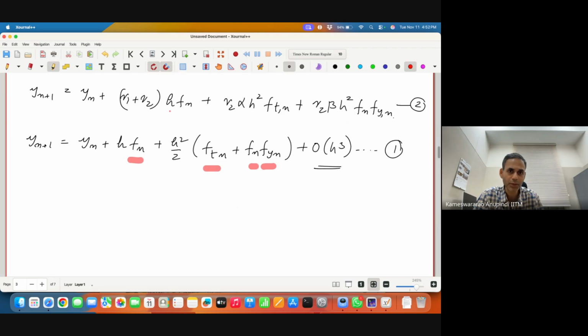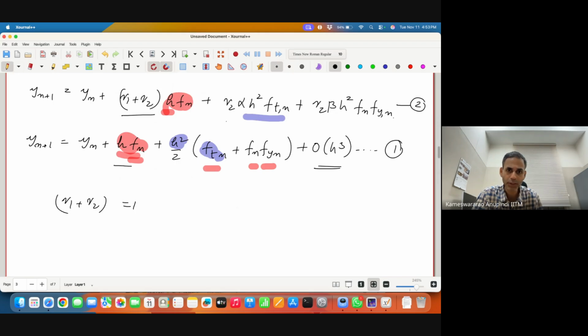So we have the order h term, order h f_n. So this and this, I can compare the coefficients. The coefficient here is gamma 1 plus gamma 2 equals 1. So the first equation is gamma 1 plus gamma 2 equals 1. Then the second term is h square f_t n. So we have h square by 2 f_t n.